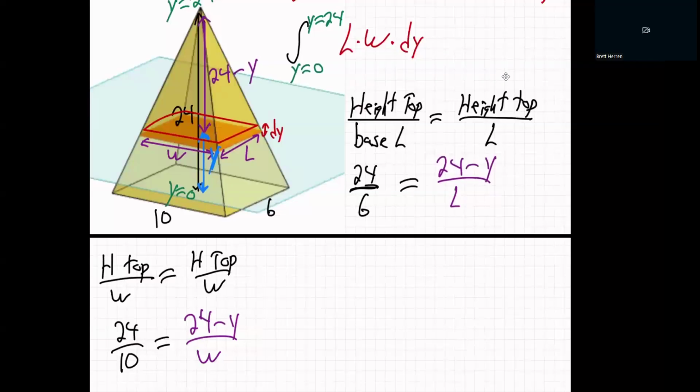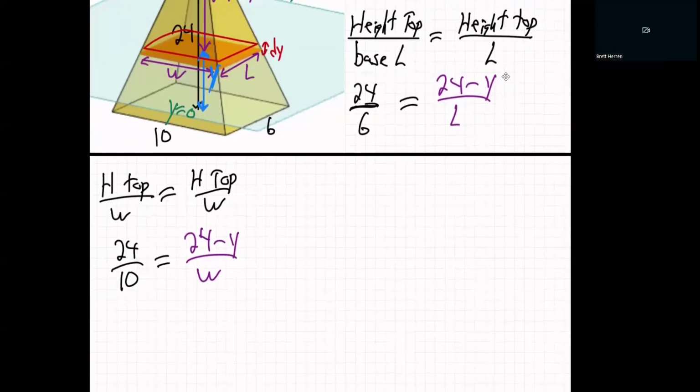Did you see how I came up with that? So again, 24 is to 10, like 24 minus y is to w.